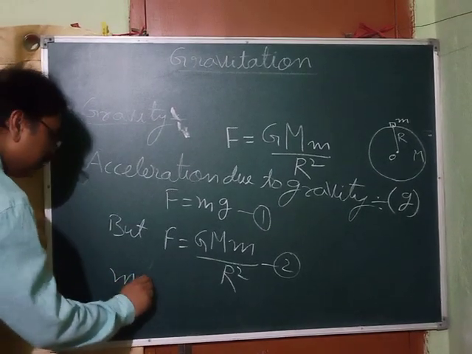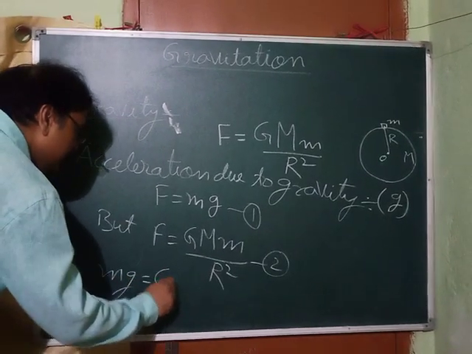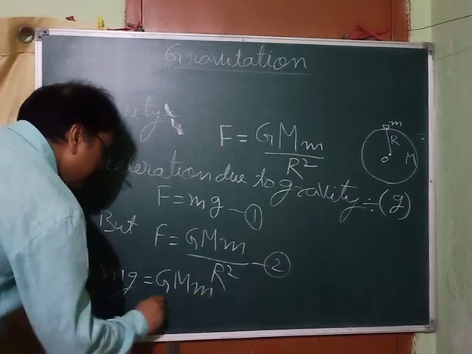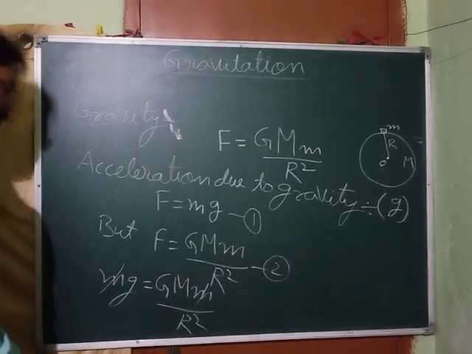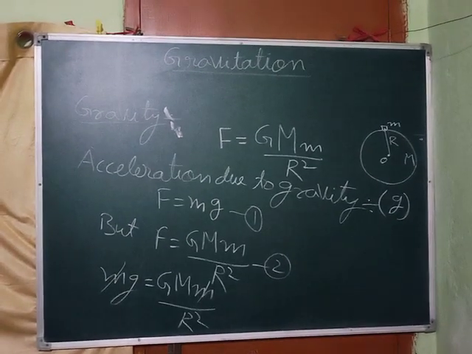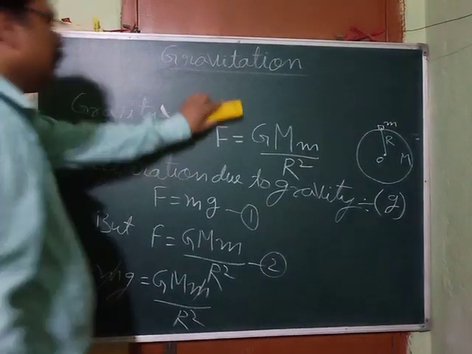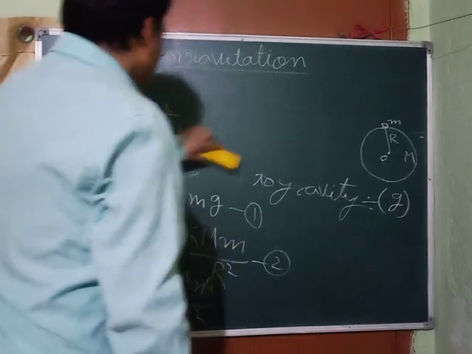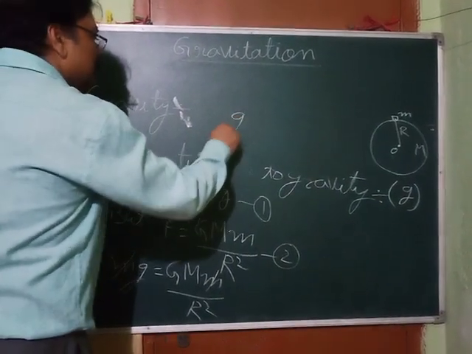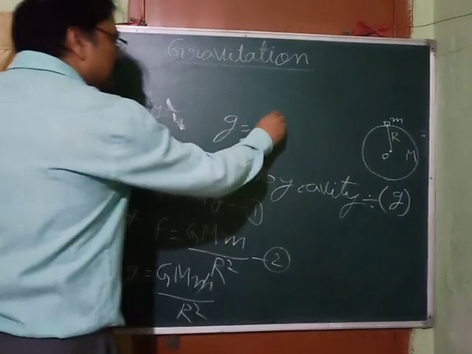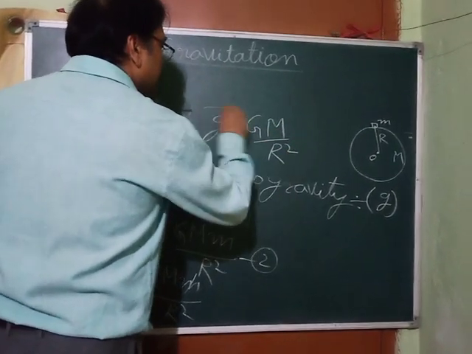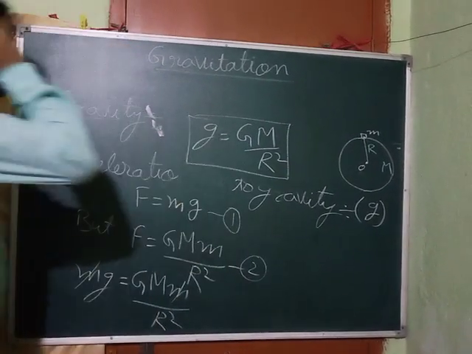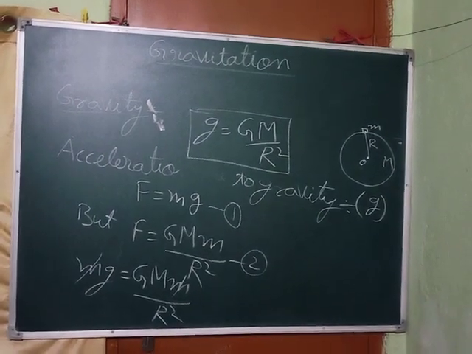So mg is equal to capital G, capital M, small m upon r square. Small m can be cancelled out. So finally we are getting small g is equal to capital G, capital M upon r square. This is the expression for acceleration due to gravity.